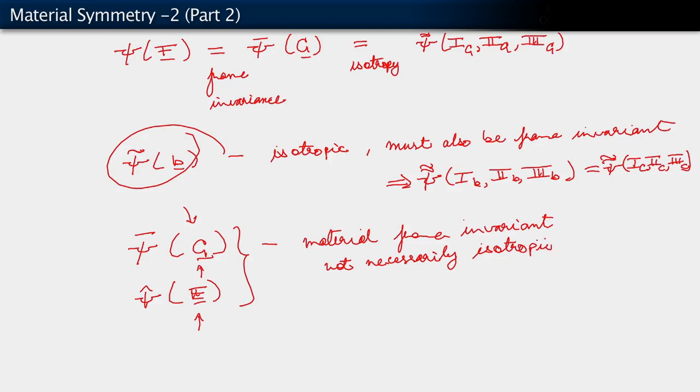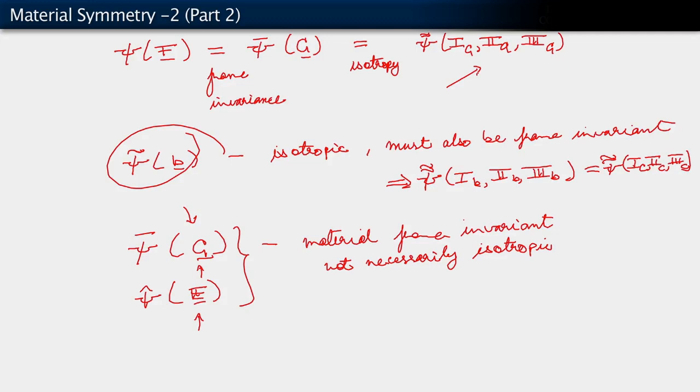If we want to further make it isotropic, that is what we have to say. We have to say it's a very special function of C, or of course a very special function of E, because we can rewrite C in terms of E, and then rewrite the invariants of C in terms of the invariants of E. We can do all that. But that's a very special type of material. It's isotropic.